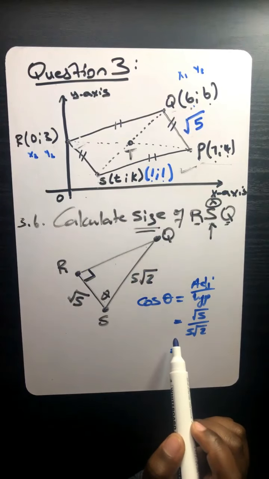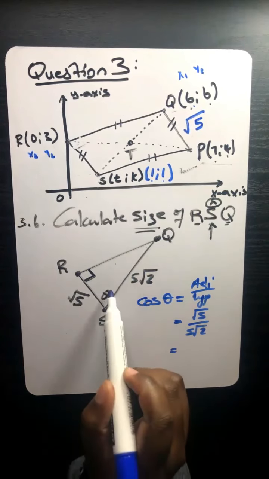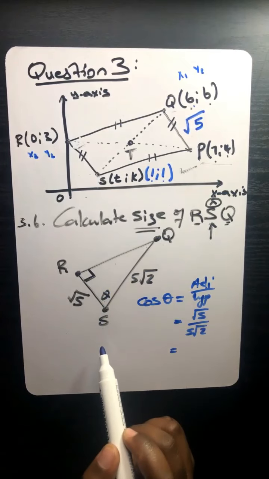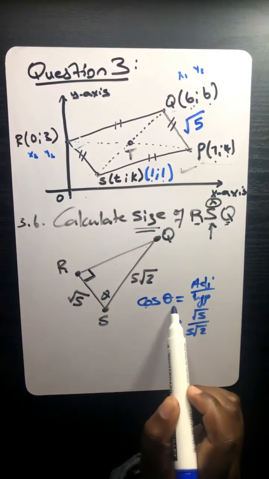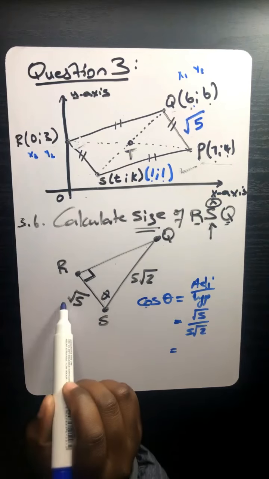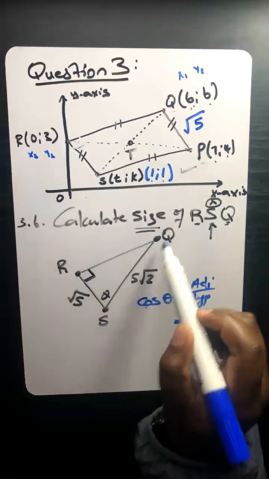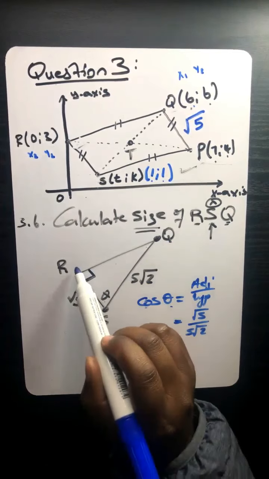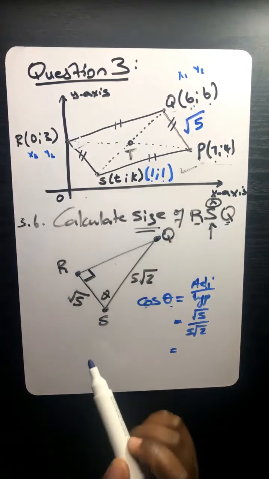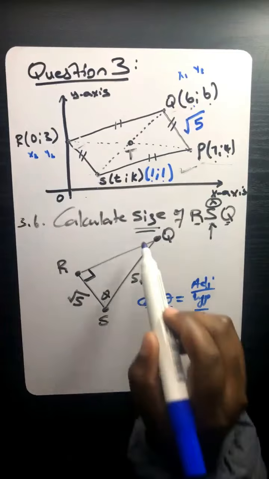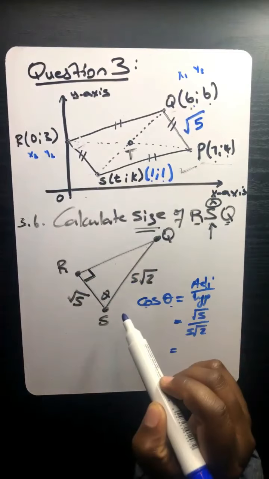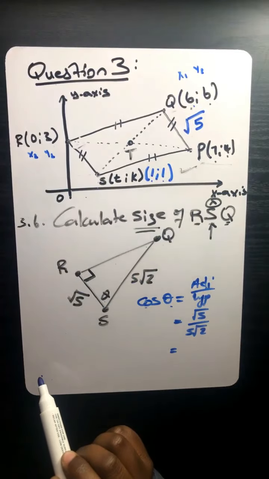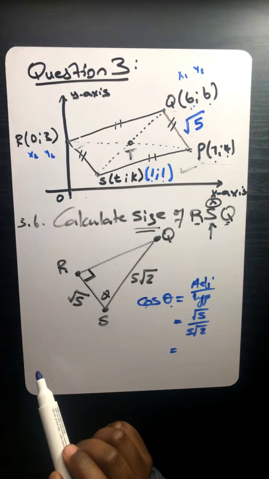In this case, because it is the angle that we are calculating, you need a trig ratio which has adjacent and hypotenuse. So that is why we are choosing cos. If we had this side and that side, we were going to use tan. If we had this side and that side, we were going to use, what is it, sine.